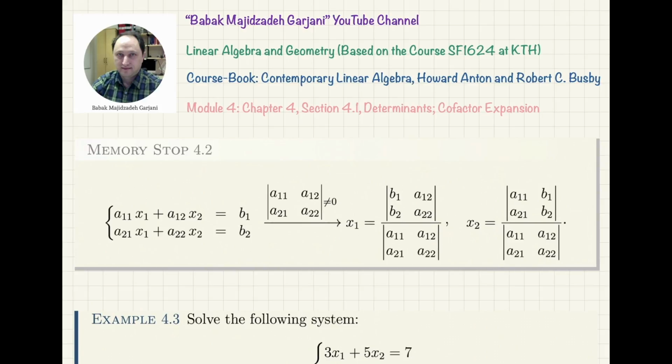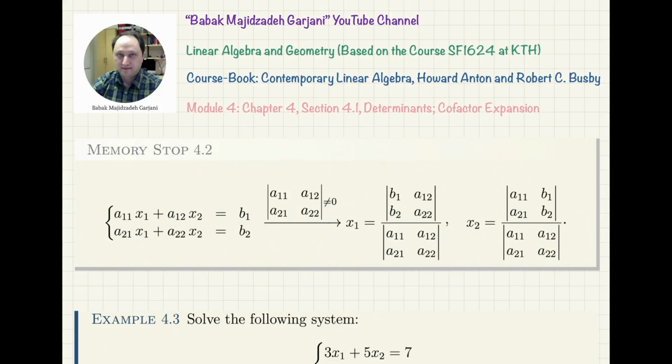Yes, so we realize that if I have this system of equations in which these numbers are all given real numbers, provided that this determinant, 2 by 2 determinant, is non-zero, then x1 can be expressed as a ratio of two determinants and x2 the same. And then let us see. The denominators are exactly the same determinant, and the entries are exactly these coefficients here, here, and here, here.